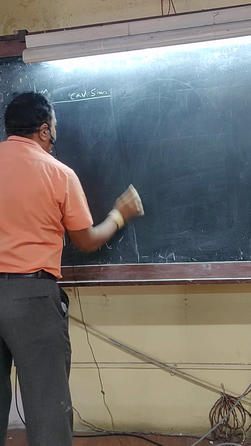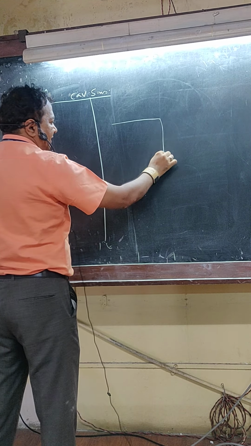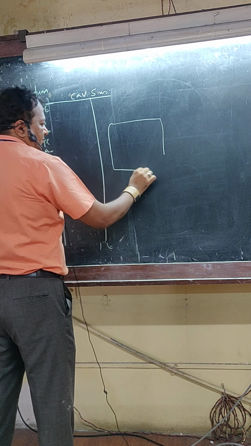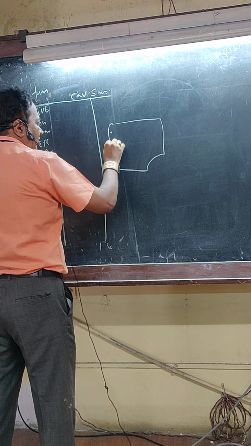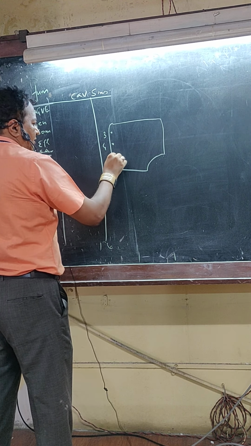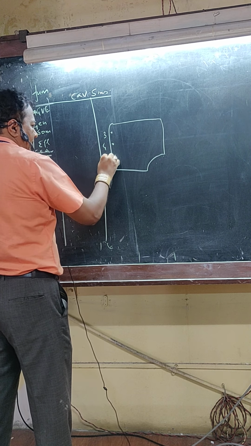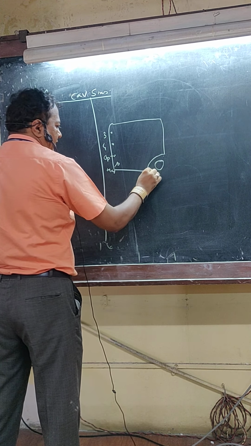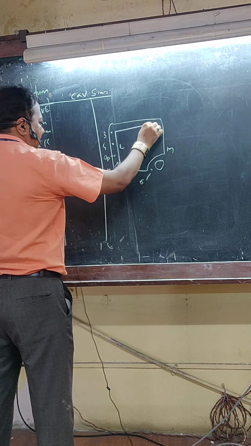So, suppose this is the cavernous sinus. In the lateral wall of the cavernous sinus are the third nerve, fourth nerve, ophthalmic, maxillary, and here is the sixth nerve. This is the lateral wall of the cavernous sinus.